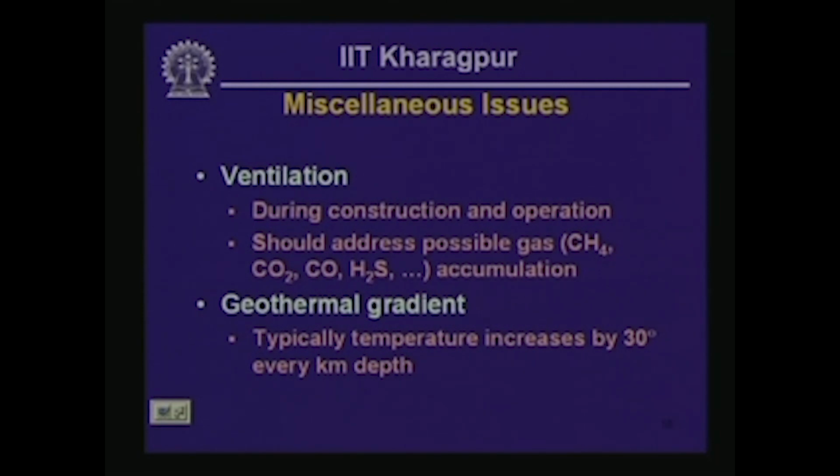Gases could escape into the tunnel. These things have to be appropriately taken care of. Geothermal gradient also has to be taken care of while designing a tunnel facility, because as we have discussed, temperature typically increases by about 30 degrees Celsius for every kilometer depth.